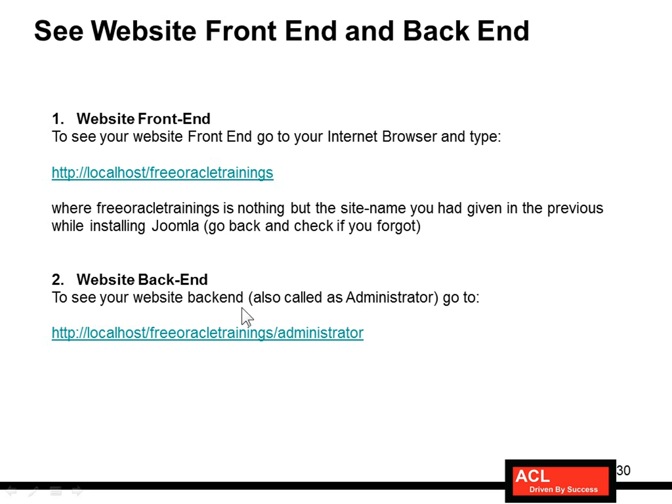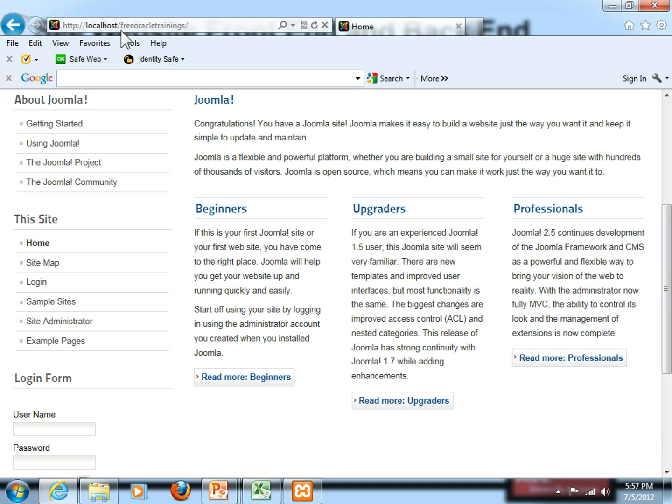We have just seen the front end of our website, which you can access by typing http://localhost and the folder name that you have given for extracting Joomla. In my case, it's free Oracle trainings. That's what I have typed out here, as you can see on the top in the browser.